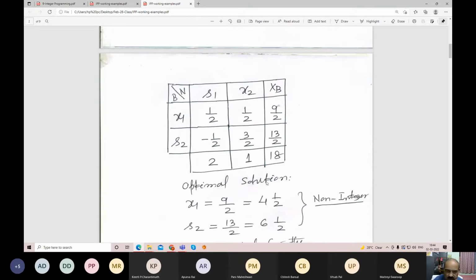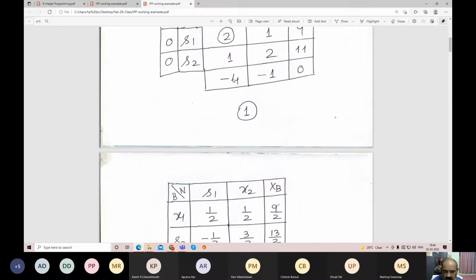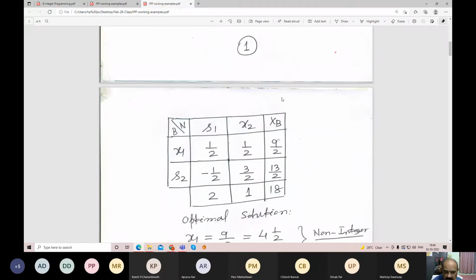You can see the basic variables are x1, s2. Non-basic variables are s1, x2. In the top, you can also put the cost coefficients, s1 0, x2 something like 1, and the cost coefficients are not written.